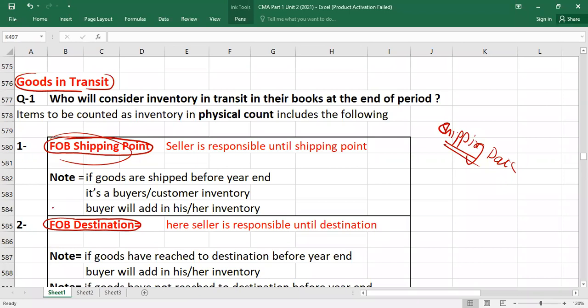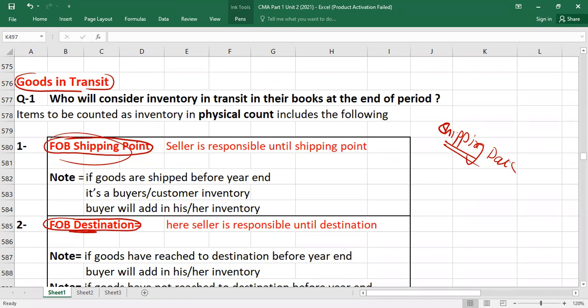Okay. Now we have FOB destination. Here the shipment date is totally irrelevant. Here the receiving date is important, when the customer is going to receive. That is called destination.